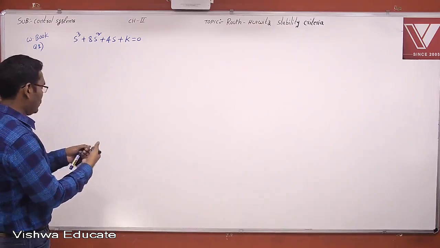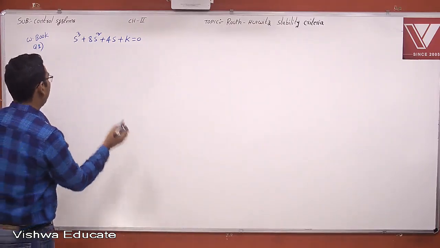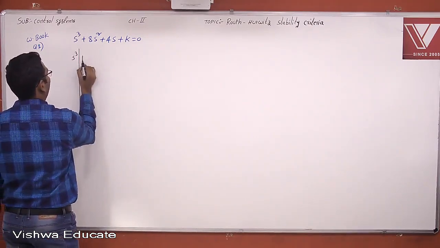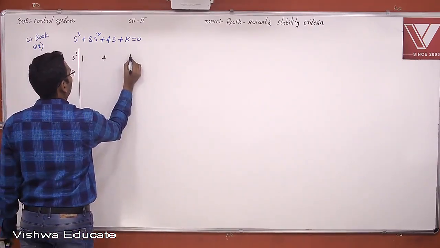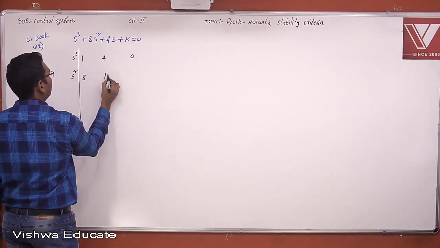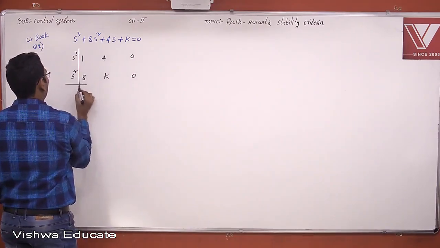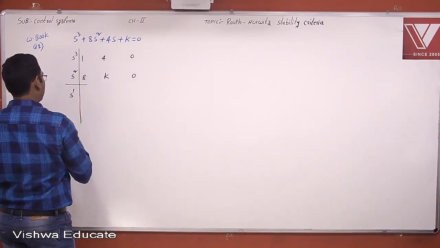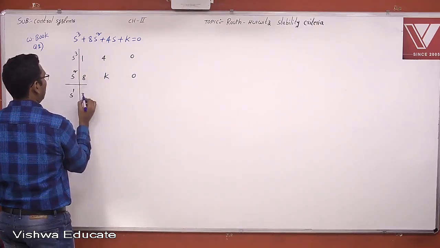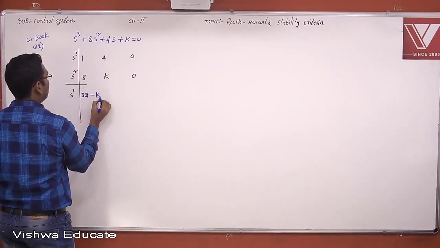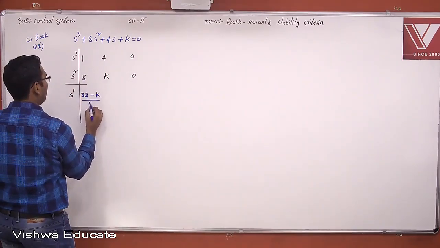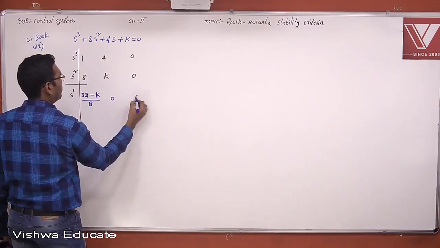Okay. Now the general solution, first you find the tabular form. s cube, which is nothing but odd power: 1, 4, 0. s square: 8, k, 0. Now s power 1: (8 into 4 minus 1 into k) by 8, that is (32 minus k) by 8, and 0.